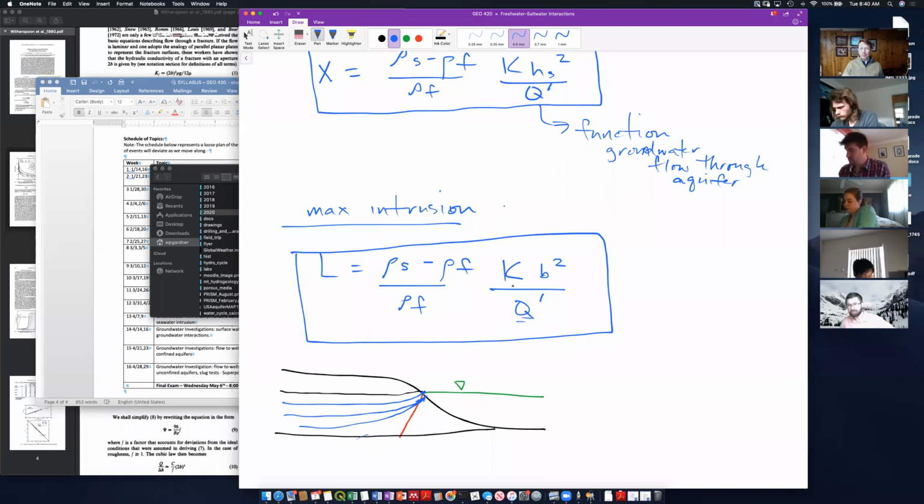So if I put a pump in here, let's say I'm building a hotel in Hawaii, and I start pulling water out of my aquifer, first of all, what do I do to the discharge? If I'm pulling water out of here, what am I doing to the discharge in the aquifer at the interface?